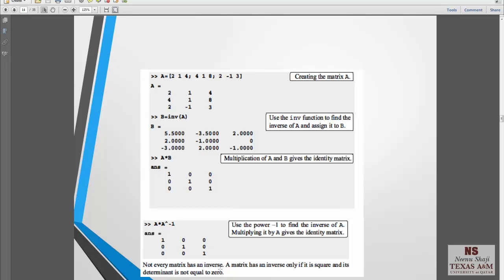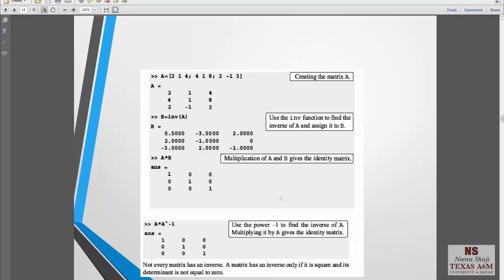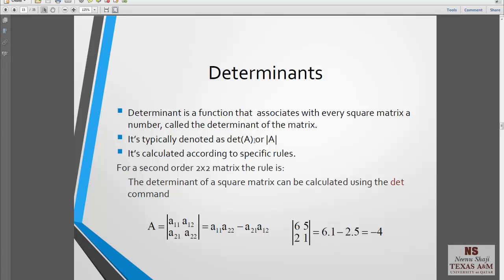Not every matrix has an inverse. A matrix has an inverse only if it is square and its determinant is not equal to 0. So what is a determinant? A determinant is a function that associates with every square matrix a number called the determinant of the matrix.